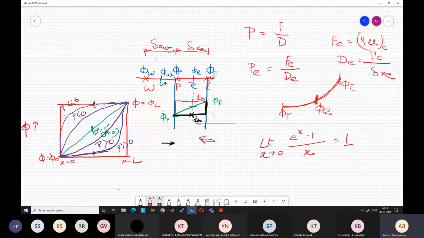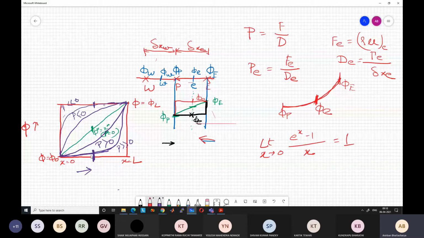And this is what we have already discussed. If there is a strong positive flow in this direction, which means Peclet number is very large, then the interface value, say at the midpoint, should be very strongly influenced by the left hand side value. So it should be very near to phi 0.